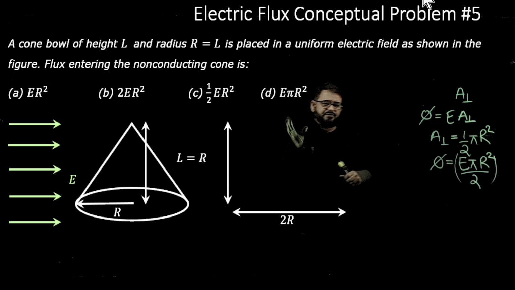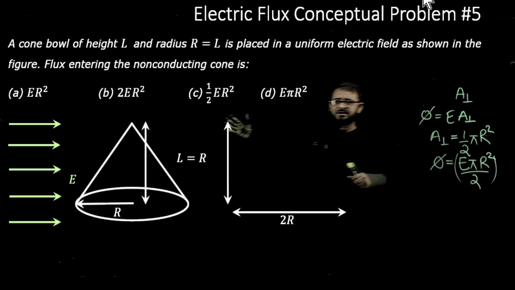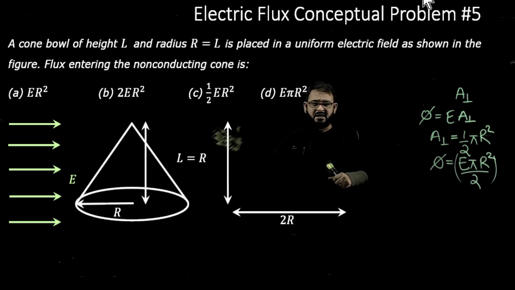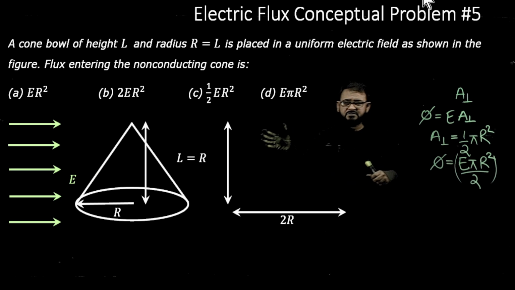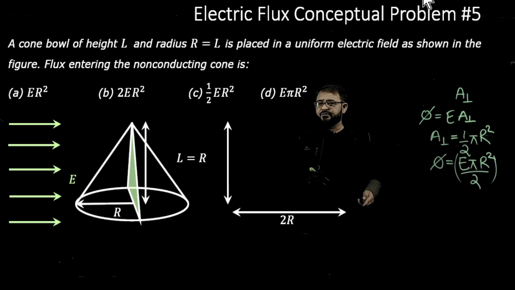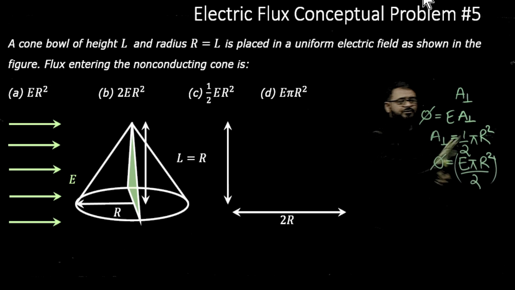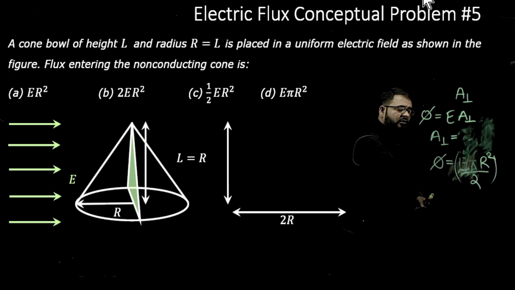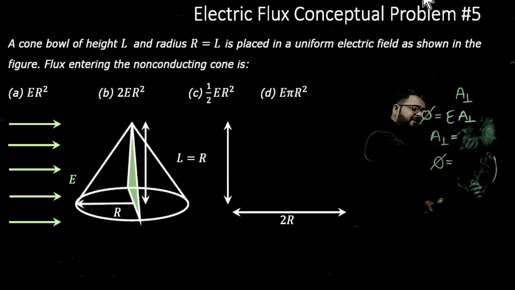Again, just imagine electric field is like rain, and you have this cone in its path. You can clearly see for this particular case you have this triangular region, which represents the area that is perpendicular to the direction of electric field.